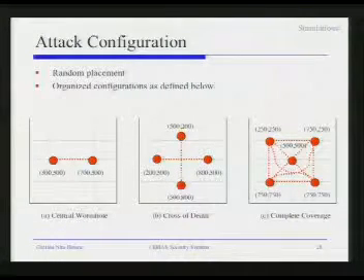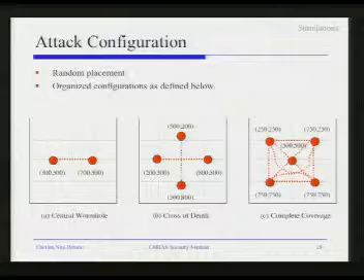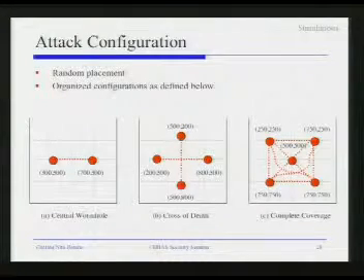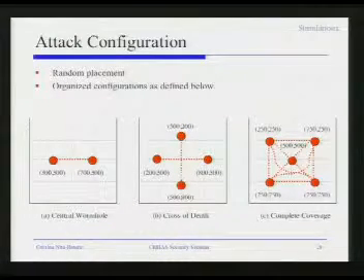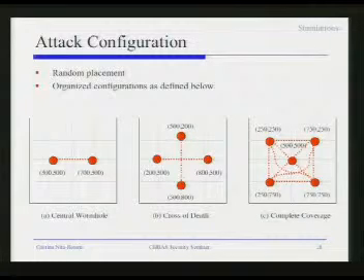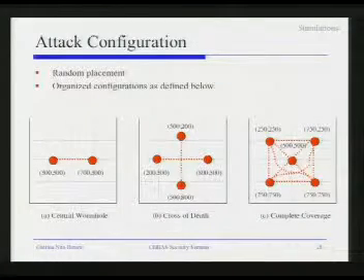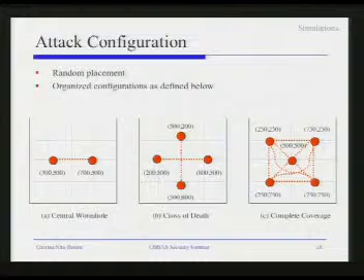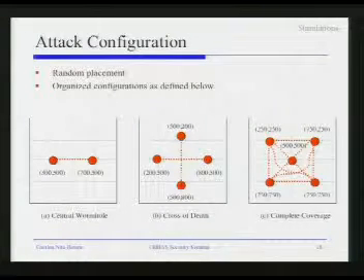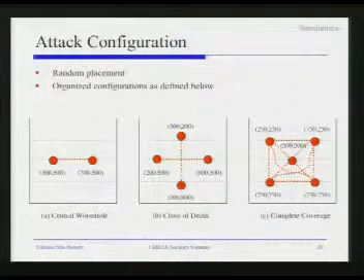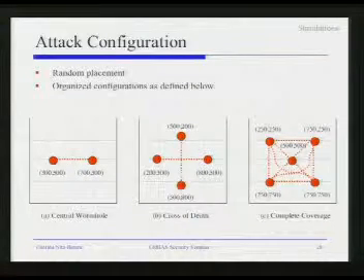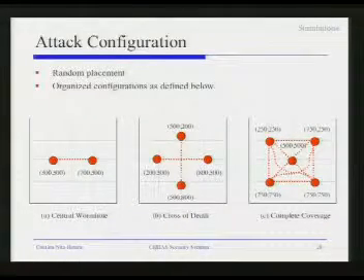Then we looked at 2 other configurations: 2 wormholes placed like that, and the strongest one, which is the last one, where you have 5 nodes and you can have wormholes between each of them. In that last case, what you actually have, and that's so strong, is a network within the network, and the network within the network is controlled by the adversary.